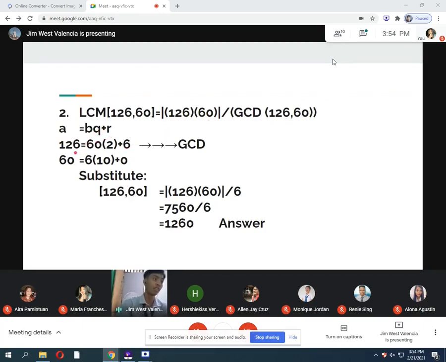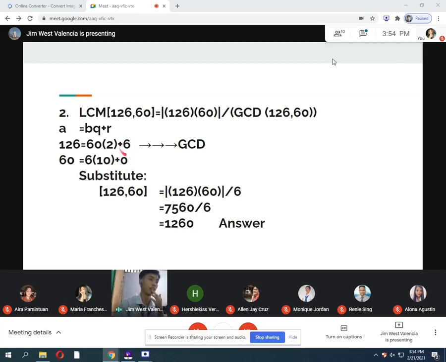So, 126 divided by 60, our quotient will be 2, and our remainder is 6. So, repeat again the process. 60 divided by 6 is 10, and our remainder now is 0. So, the remainder before the 0 is 6.